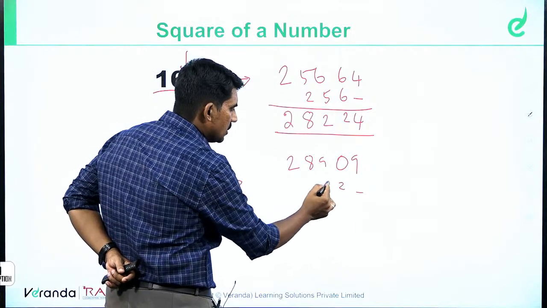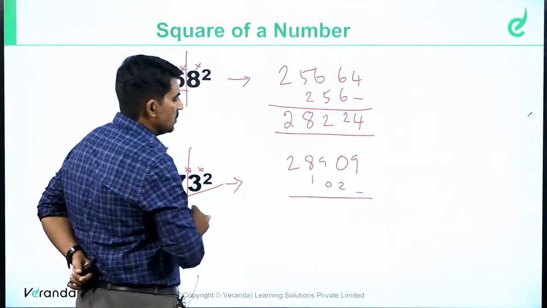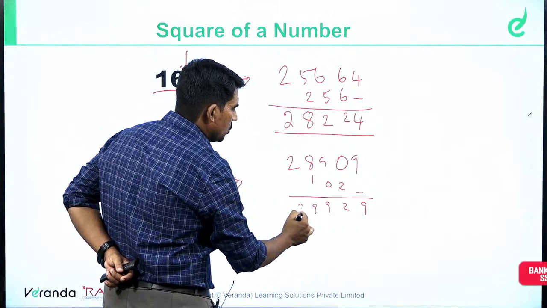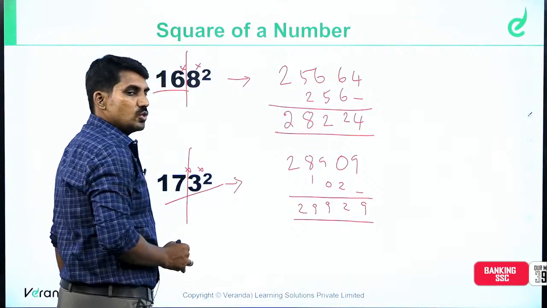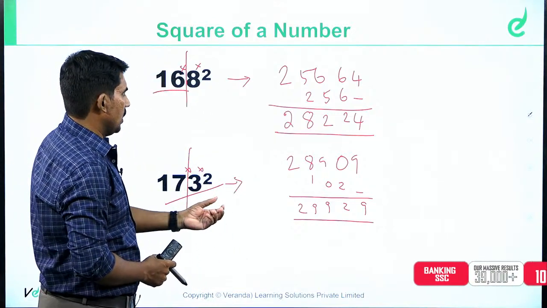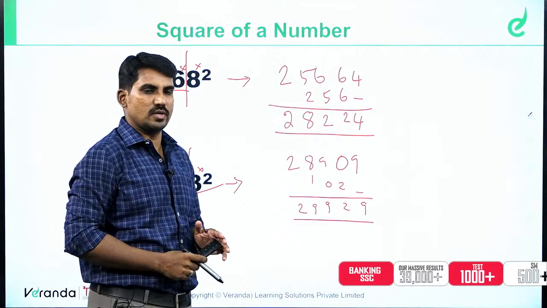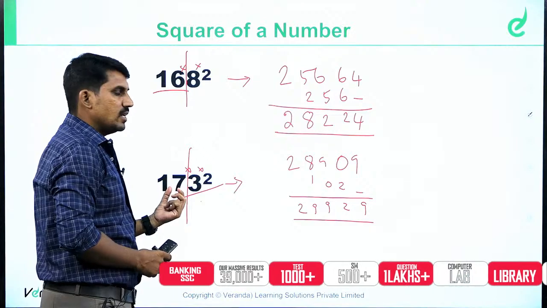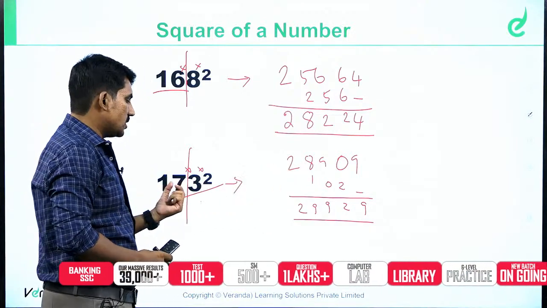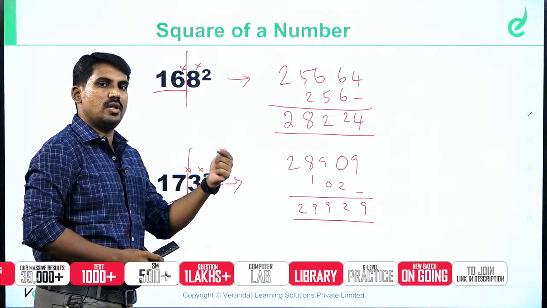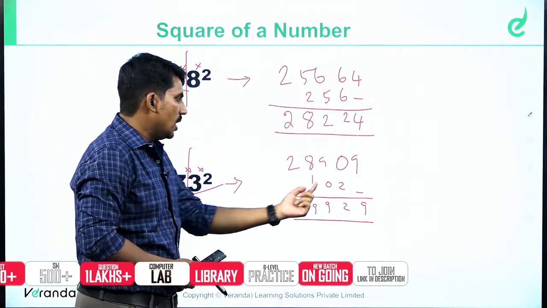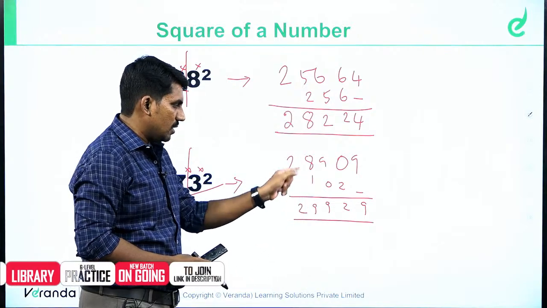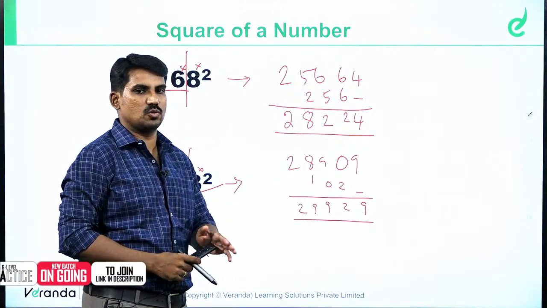Leave the last digit and write 102 like this. Therefore 29,929.